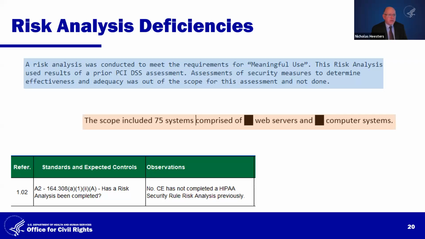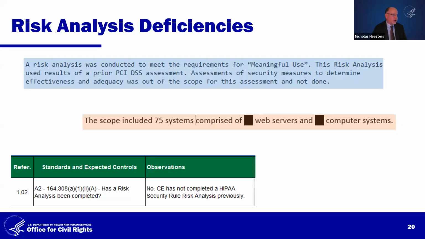It is a very large organization, a very, very large organization. 75 systems does not constitute an accurate and thorough risk analysis for this organization by any means. Not to mention the missing components, infrastructure systems that are going to support the availability of ePHI. We already mentioned mobile devices, things like that.